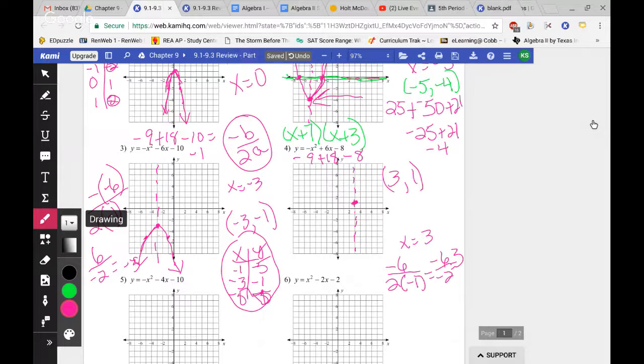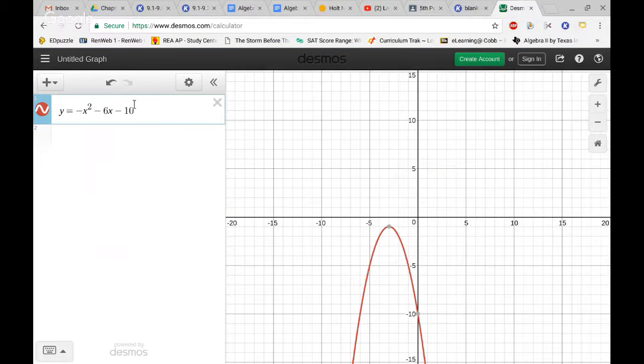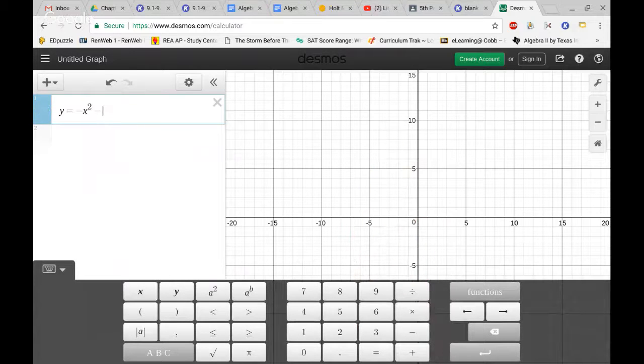And then we can do a table of values, or we can go over to good old Desmos. And this time, Miss Sparks will try to type in the problem right. Tell me if I do it wrong. Can you see it? Okay, good. I think you did it right. Yay.